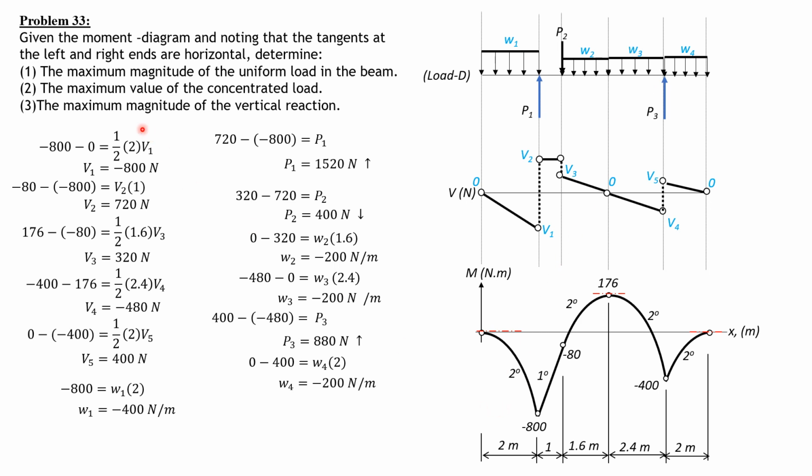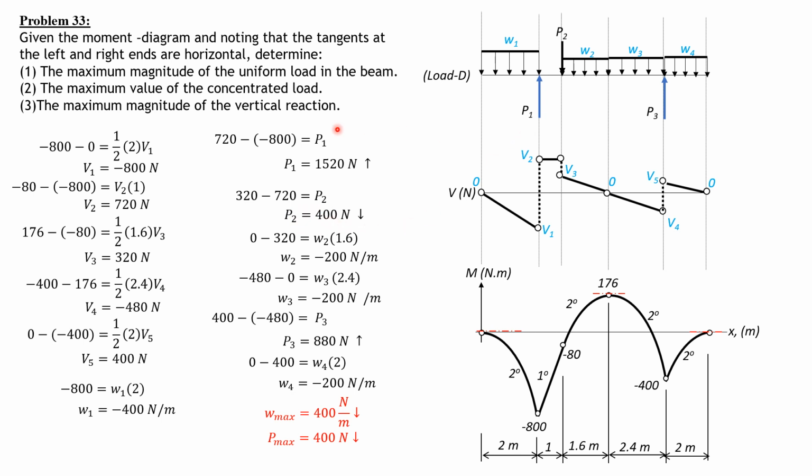So to answer the first question, the maximum magnitude of the uniform load in the beam is 400 Newton per meter downward. So Wmax is 400 Newton per meter downward. Then the next question, the maximum value of the concentrated load. We only have one concentrated load, that is P2. So P2 is equal to 400 newtons downward.